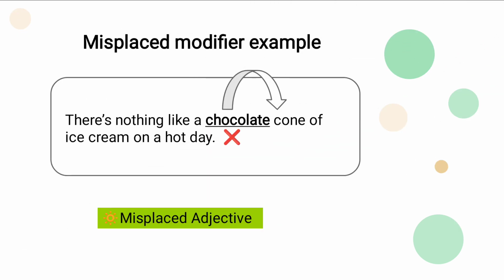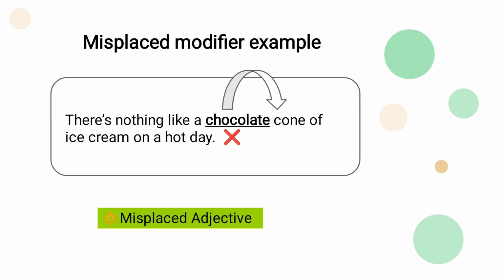Let's see more examples. There's nothing like a chocolate cone of ice cream on a hot day. So here in this sentence, let's find a modifier first. Here, chocolate is a modifier, an adjective modifier, but in a wrong place. Because in this sentence, we want to say that the ice cream is chocolate flavor, not the cone.